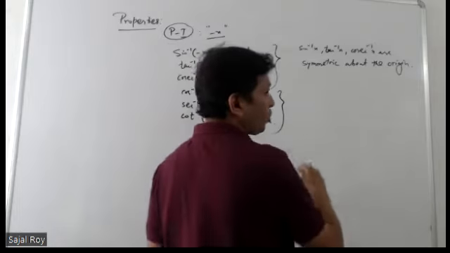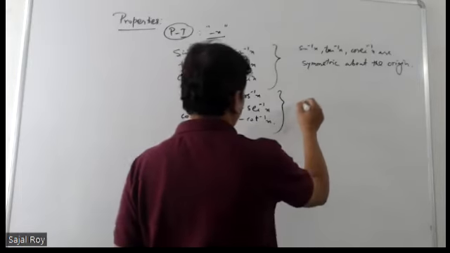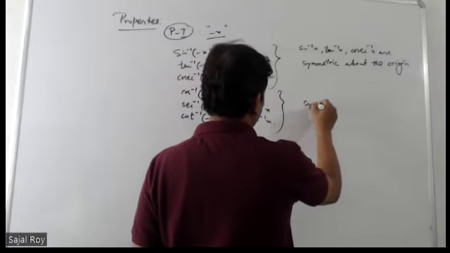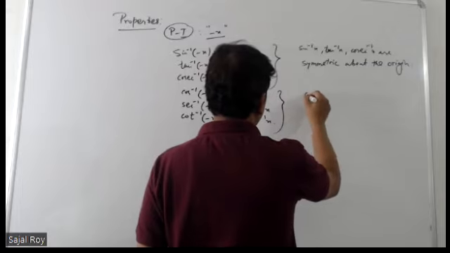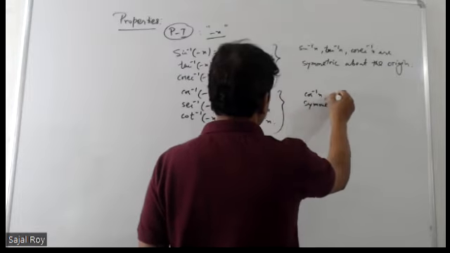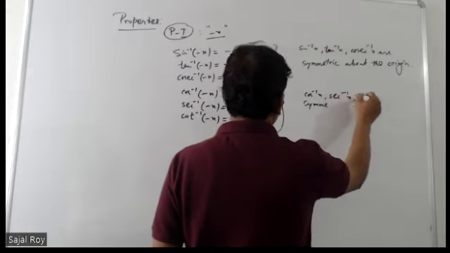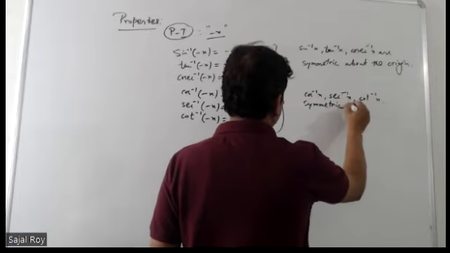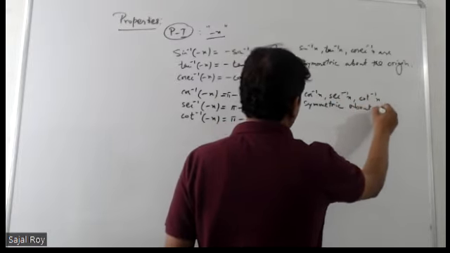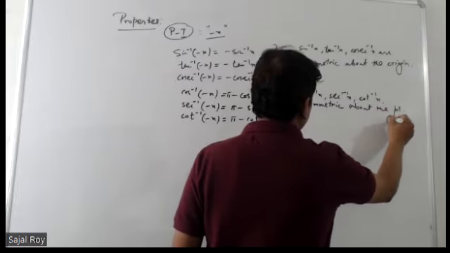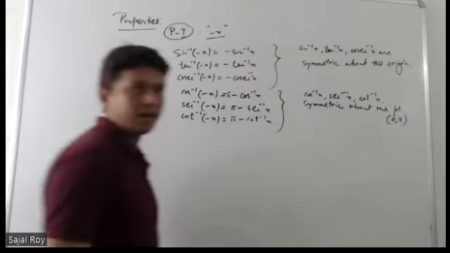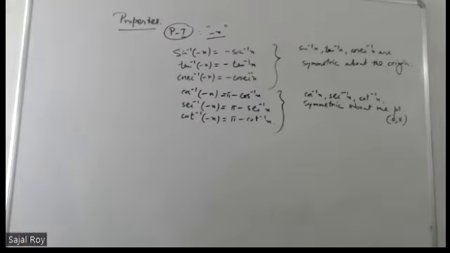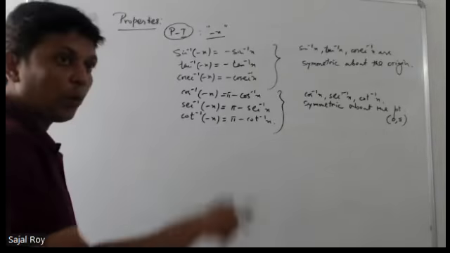They are symmetric about the point 0, pi. Just check the graph. That means cos inverse x, sec inverse x, and cot inverse x are symmetric about the point 0, pi. Please check the graph of cos inverse x. It's symmetric about the point 0, pi.